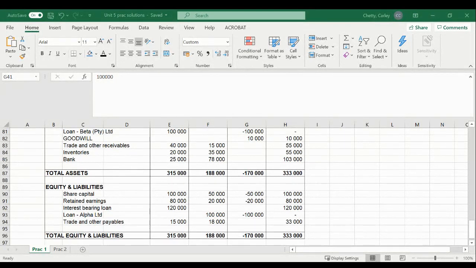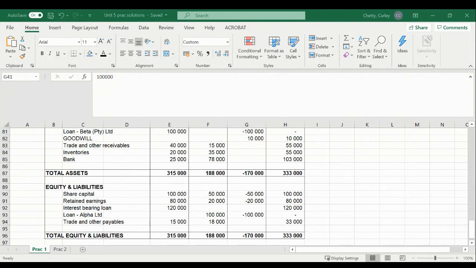Then we have trade and other payables. So trade and other payables in Alpha's book is 15,000 Rand. So in Alpha's separate financial statements, it will show trade and other payables of 15,000 Rand. And Beta, in its separate financial statements, will show trade and other payables of 18,000 Rand.